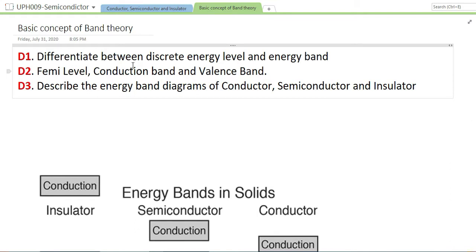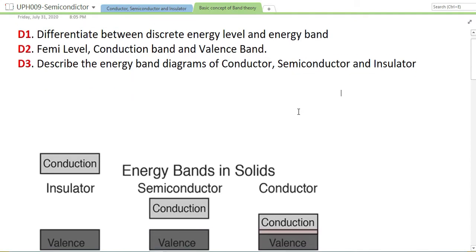But atoms are quantum objects, and quantum mechanics says energies are discrete. But when we say energy bands, they're continuous, right? We'll discuss that, and then we'll show some band diagrams for conductors, semiconductors, and insulators.